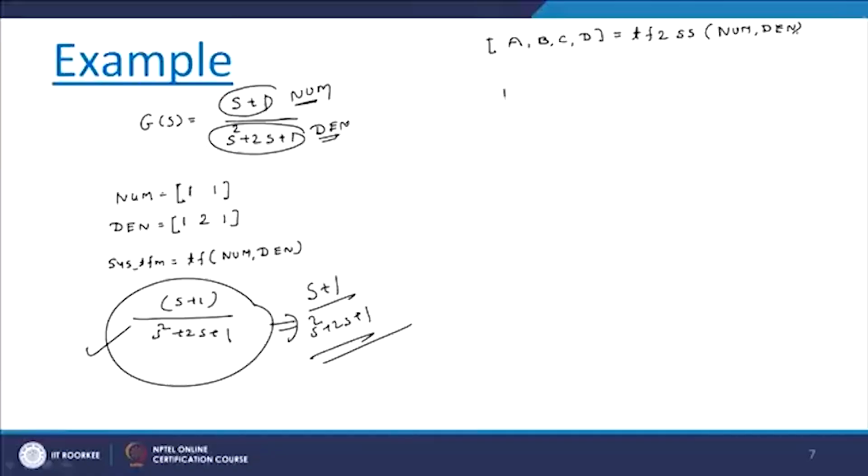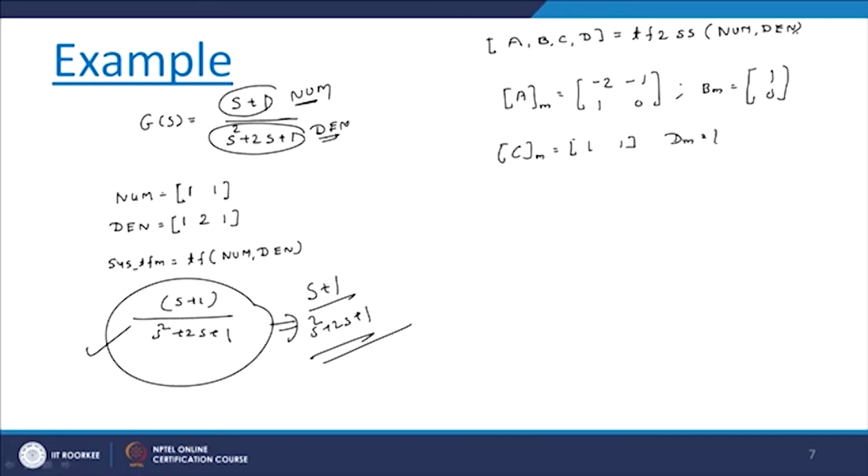If you use this command, the result obtained using MATLAB is the A matrix as A model, that is [-2 -1; 1 0], then B model [1; 0], and C model [1 1] and D model as 0.